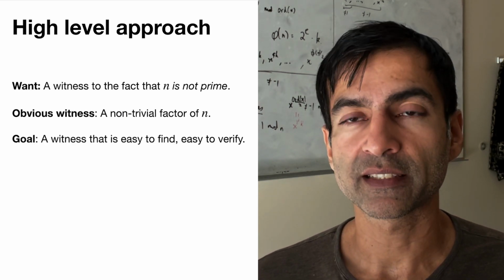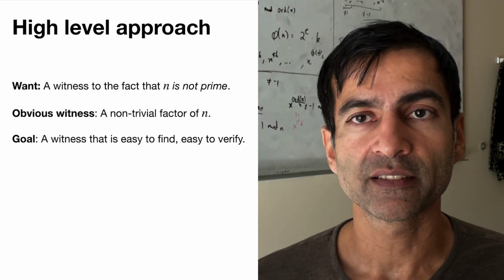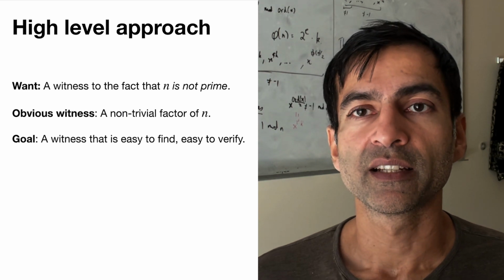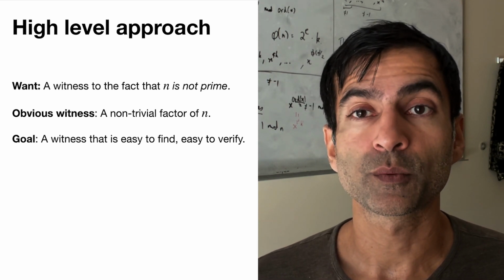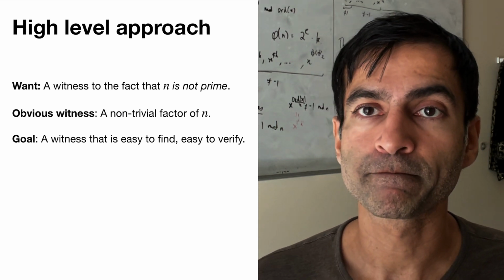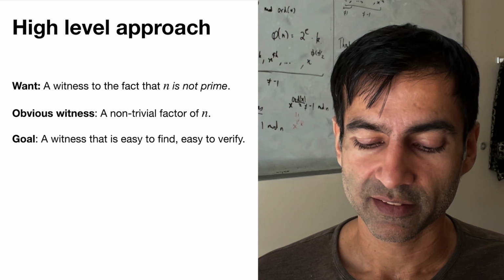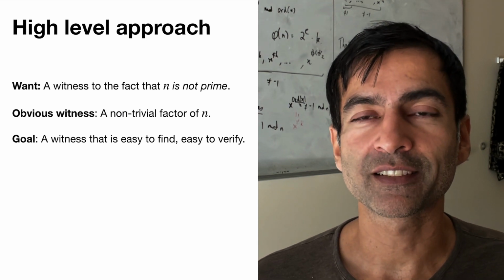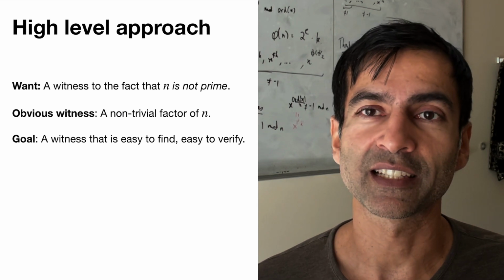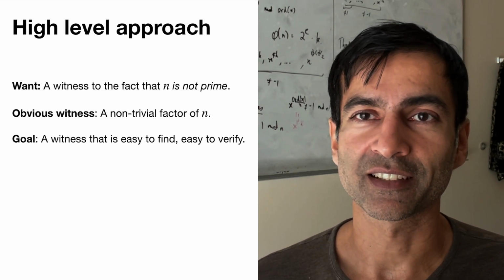What we really want is a witness that is easy to find, and easy to verify that it is a witness. And maybe a third feature that we'd like is we'd like the witness to lead to factors of n. And what I'm going to discuss here is several candidates for these witnesses. And I think it's really interesting how they work.